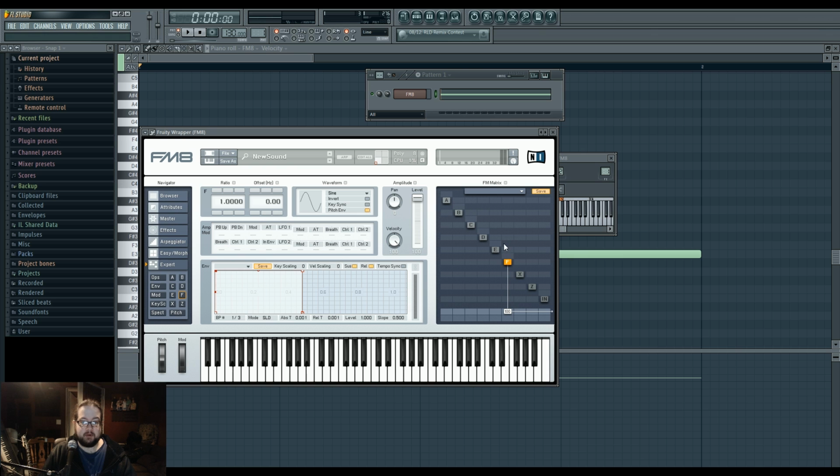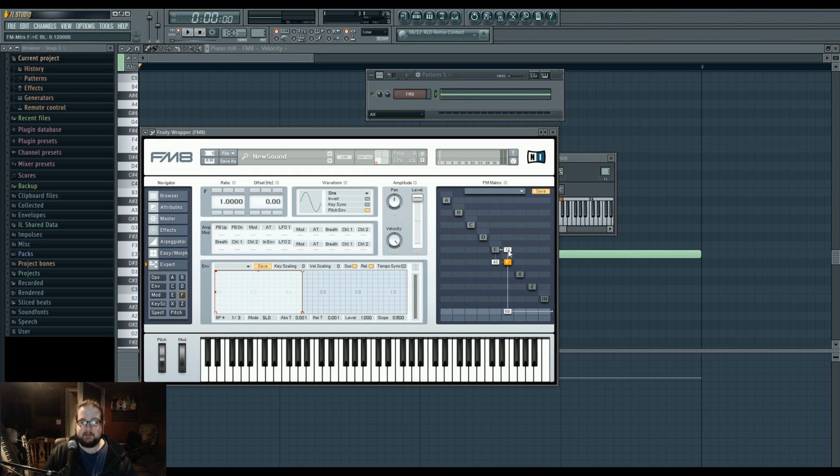the way that FM8 works is pretty similar to the way Citrus works, in that we have this FM matrix. It's just presented a little differently from Citrus, but the end result is identical, because this is how FM works. It's going to be the same through any synthesizer that has FM in it or is an FM synth, including the originals. So what we have here are different directions for how you can FM stuff.